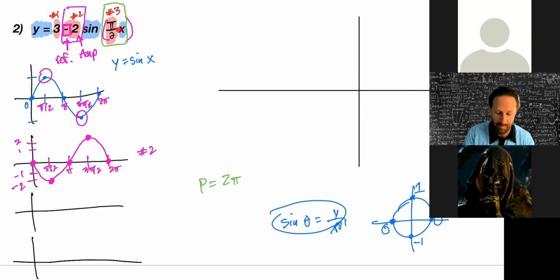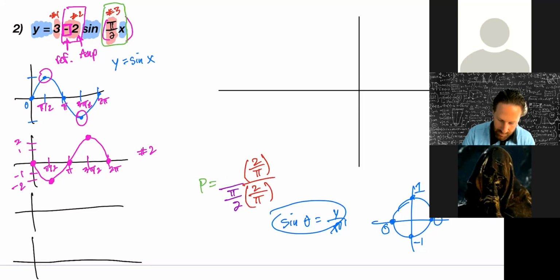And what is the opposite of multiplying by pi over 2? Dividing. So we're going to take this and actually divide by pi over 2. But do we like dividing by fractions? No. So instead, we're going to multiply by its reciprocal. So I'll take that 2 pi and that pi over 2 and multiply by 2 over pi.